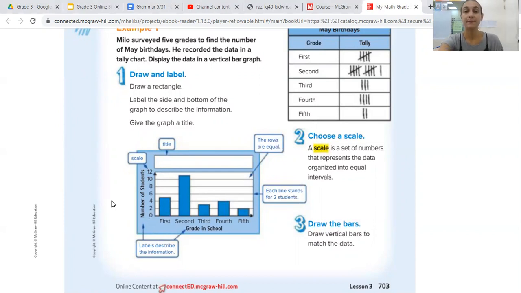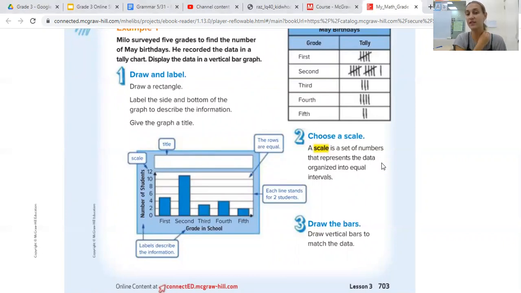Now, we've scaled it. Each line represents 2 students. So instead of just counting by ones, 1, 2, 3, 4, 5, 6, 7, since we have up to 11 here, we scaled it so each line represents 2. So we're counting by 2, 4, 6, 8, 10, 12. A scale is a set of numbers that represents the data organized into equal intervals.